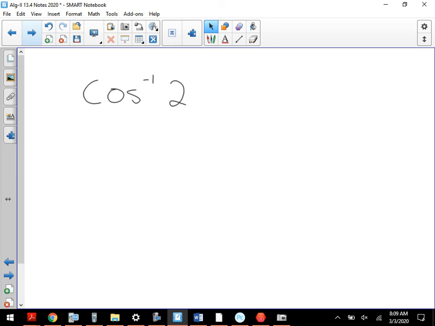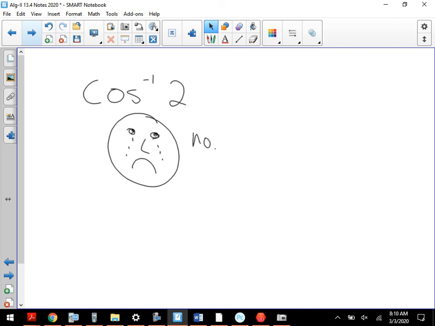I don't see a 2 there, do you? Can cosine be larger than 1? No. Or smaller than negative 1? No. Is this possible? No. That was a trick question. Can't do it. It's not possible.